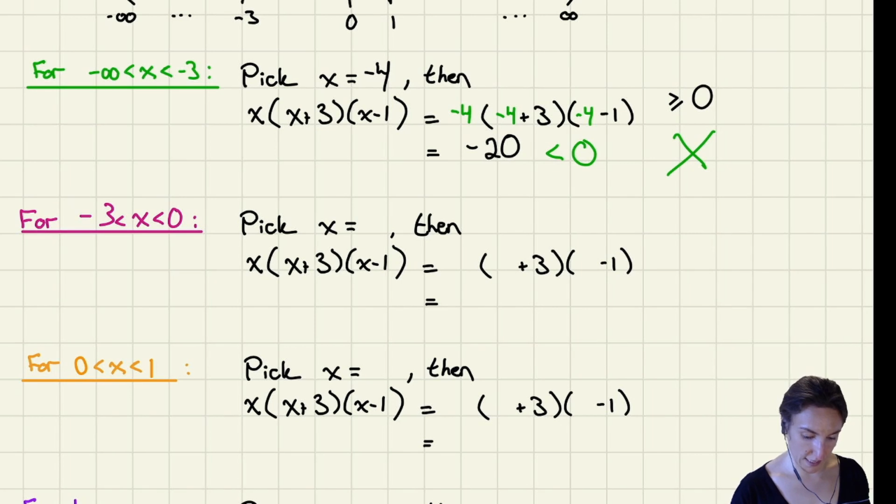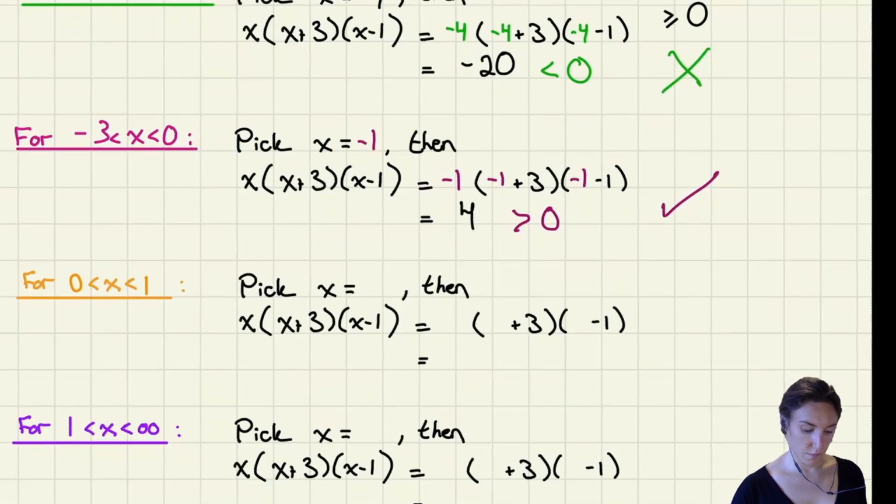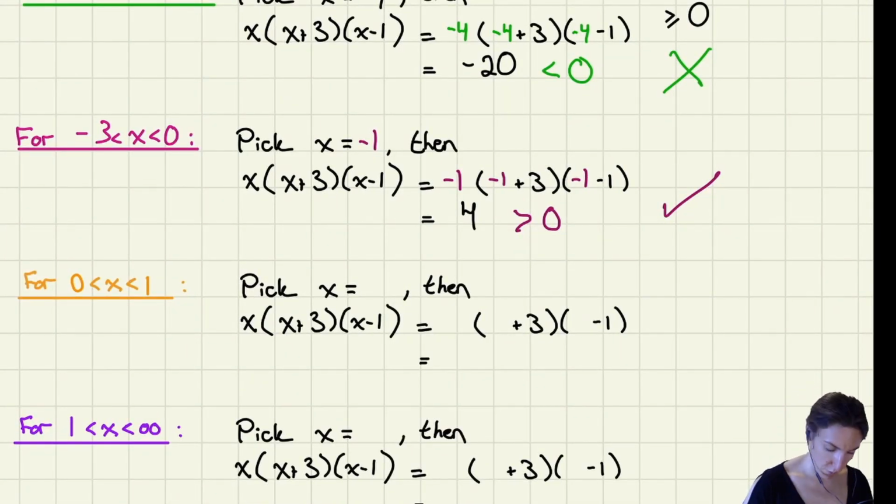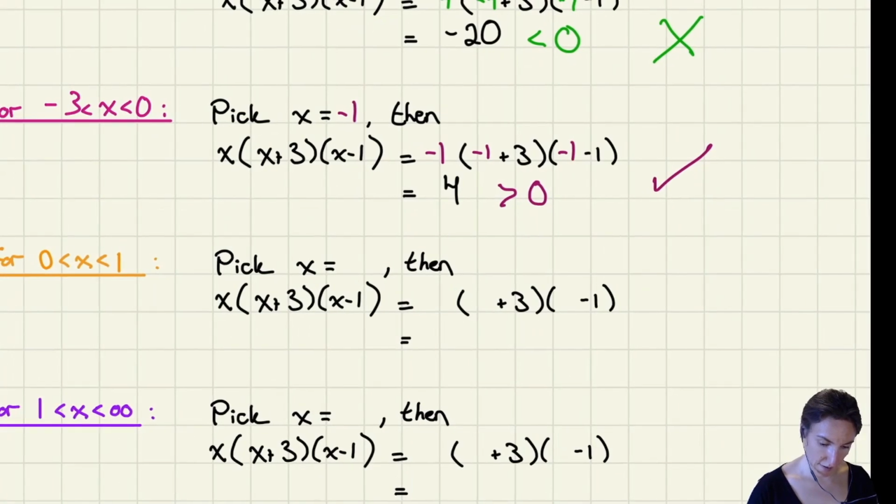Okay, now let's pick something in between -3 and 0. Okay, 1s are always nice to pick. -1, -1, -1. So I end up getting, for this one, I'll get a 4. This is good. This one is greater than 0. Okay, so we're happy here. Something between 0 and 1, probably a half.